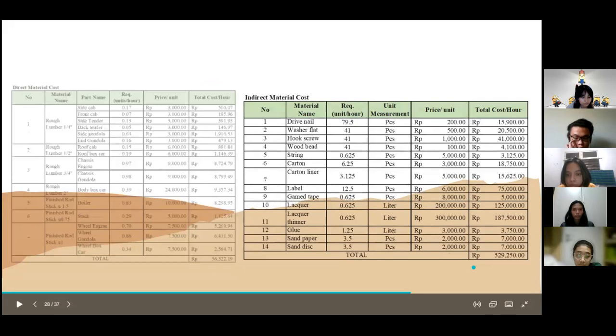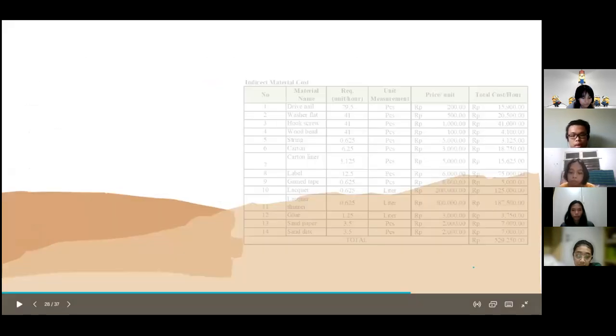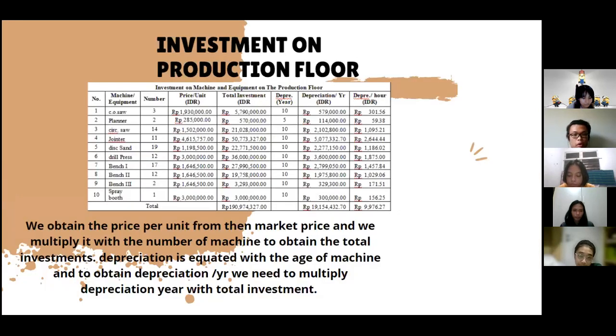Okay, next is the investment on the production floor. As can be seen on the screen, that is the table for the machine and equipment investment on the production floor. We obtain the price per unit from the market price and multiply it by the number of machines to obtain the total investment. Depreciation is equated with the age of the machine, and to obtain depreciation per year, we multiply the depreciation rate by the total investment.